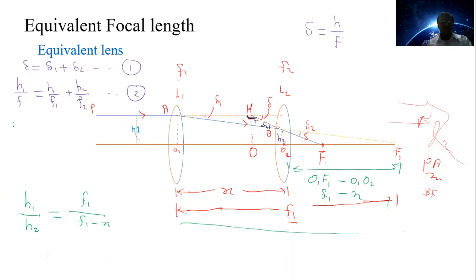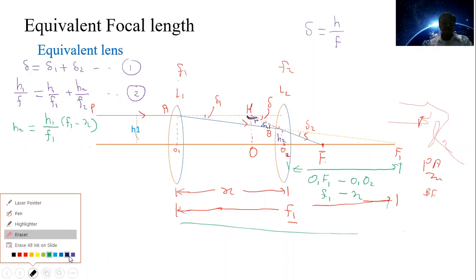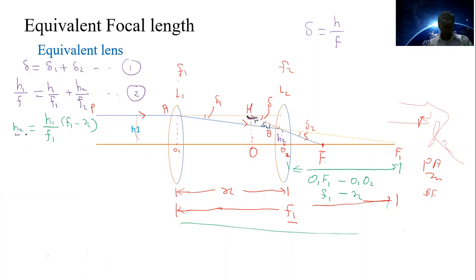Therefore H2 is equal to, what will come, see: H1 upon F1 into F1 minus X. Now put the value of H2 in this equation.